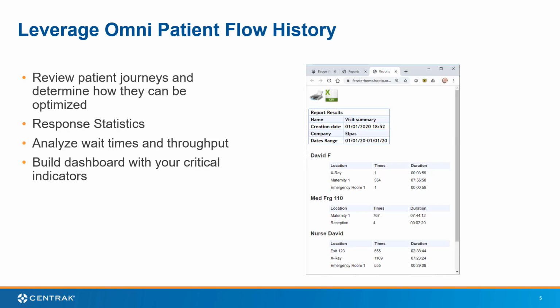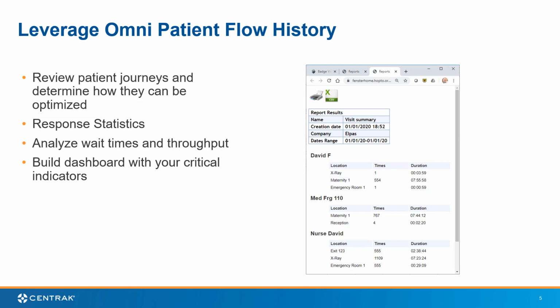Now, once I've collected the historical information of where my patients have been, then I can use that information to determine how to optimize my processes within the facility, right? I can see how long staff members took to arrive after calls.